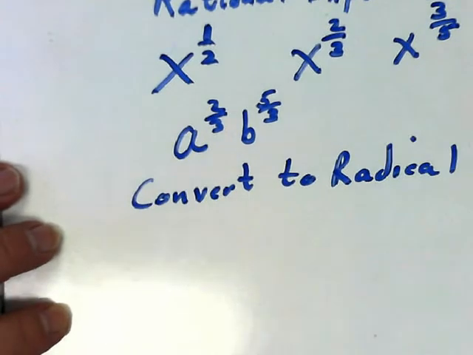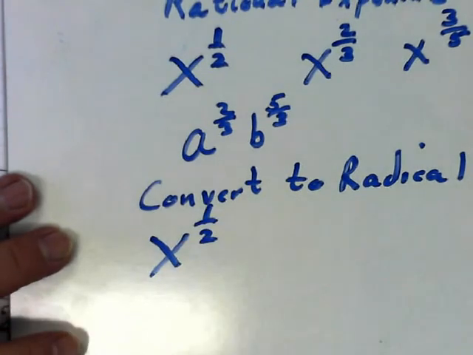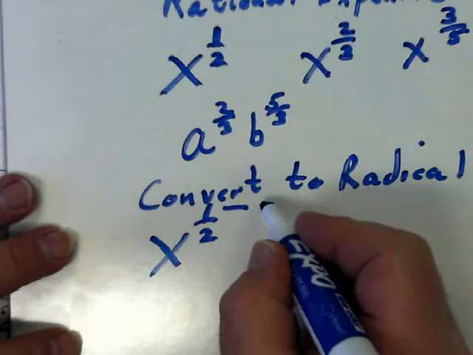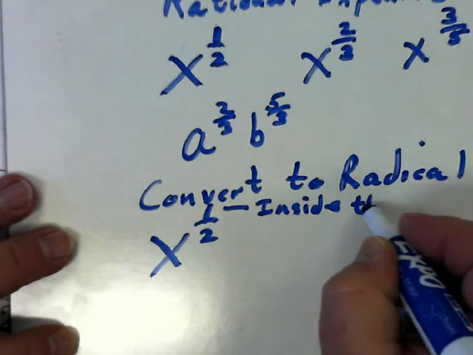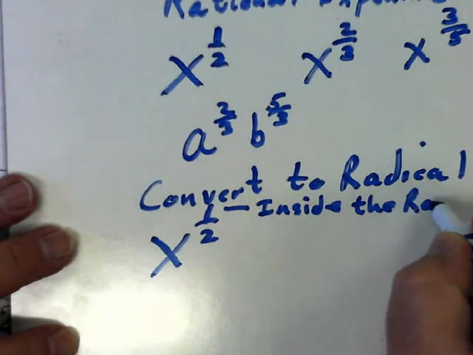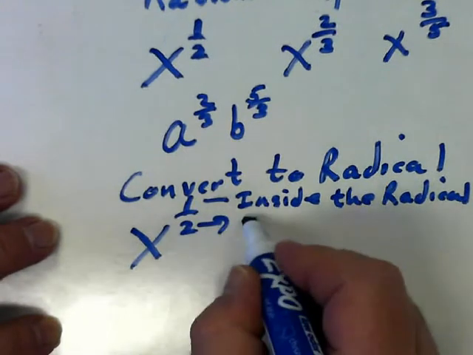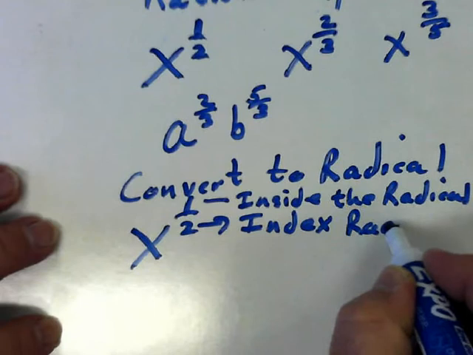the following happens. If I have like x to the 1/2, the 1 or the numerator goes inside the radical, and the 2 becomes the index on the radical.